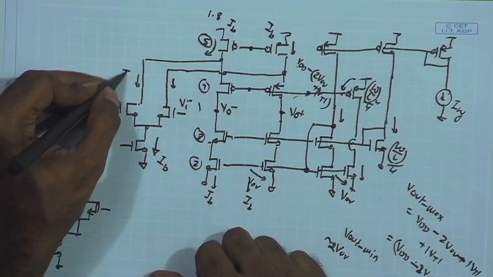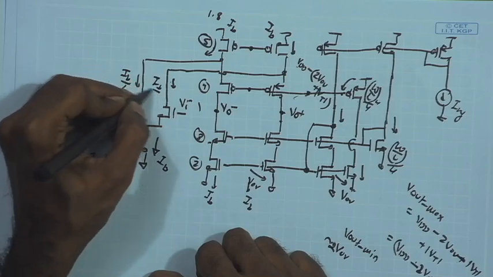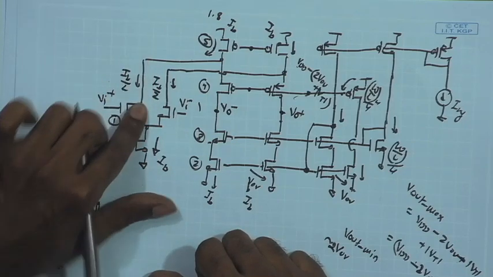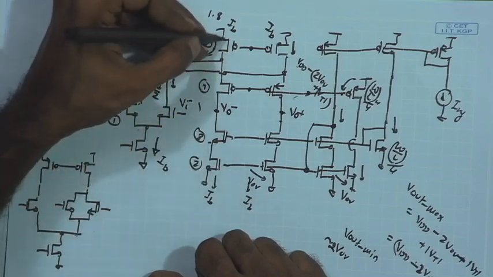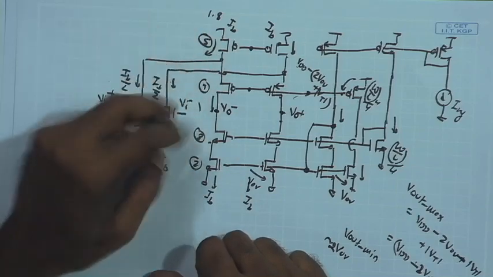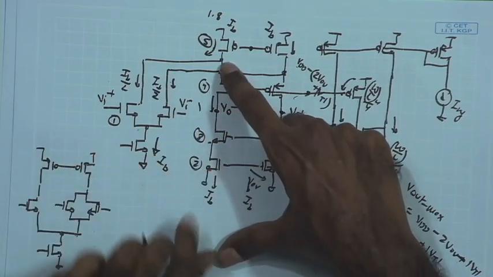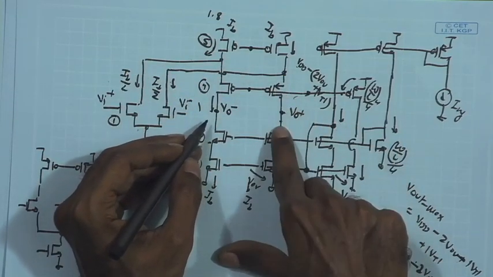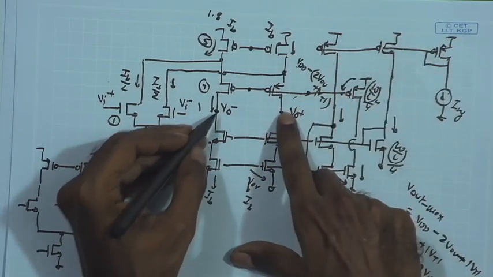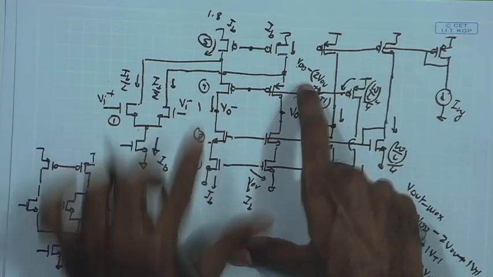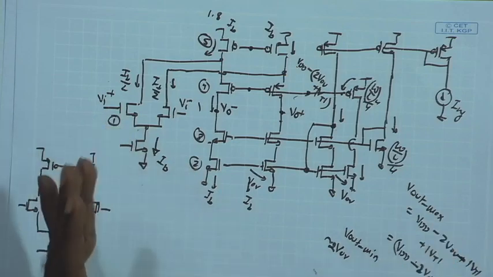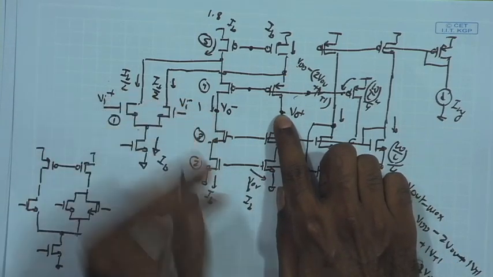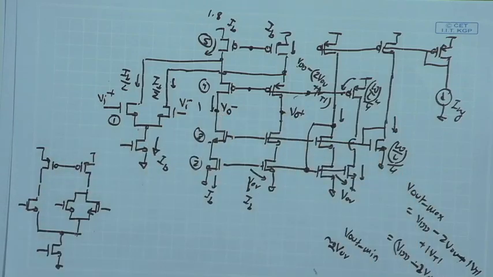So, nominally it is supposed to have I bias by 2, I bias by 2, but Vi plus going up means this current going higher than I bias by 2, and hence the current flowing in the cascode branch will be falling lower than I bias by 2, whereas the current in this branch will be becoming higher than I bias by 2. So, definitely VO plus will be going up, VO minus will be going down. So, using the current directions also we can arrive at the definition of the polarity at the output points.